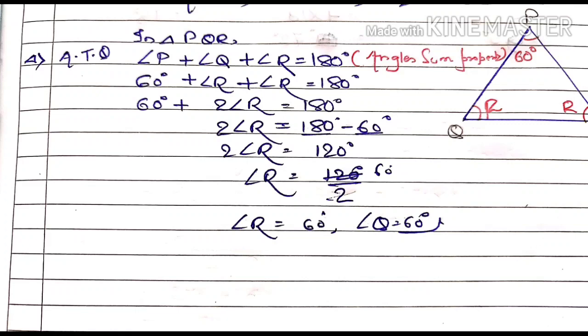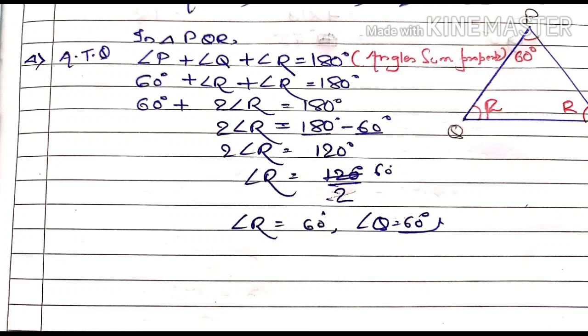In the bracket I have written, angle sum property. Angle P is 60, angle Q is R, angle R is already R. So 60 plus angle R plus angle R, 2 angle R. So 2 angle R is equal to 180 minus 60, 120. Therefore angle R is equal to 60 degrees. And hence angle Q is also equal to 60 degrees.